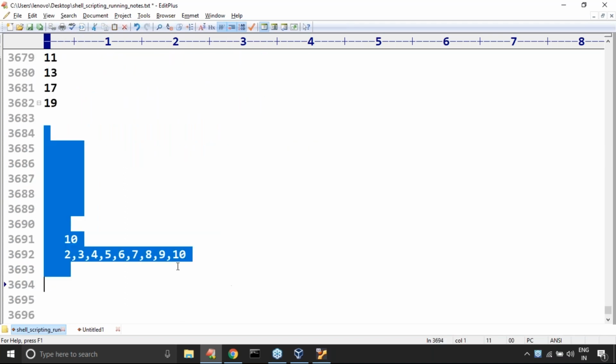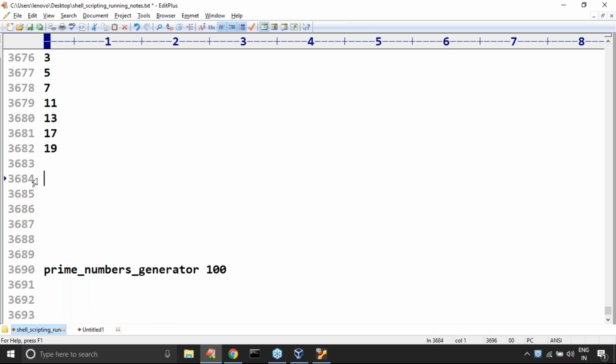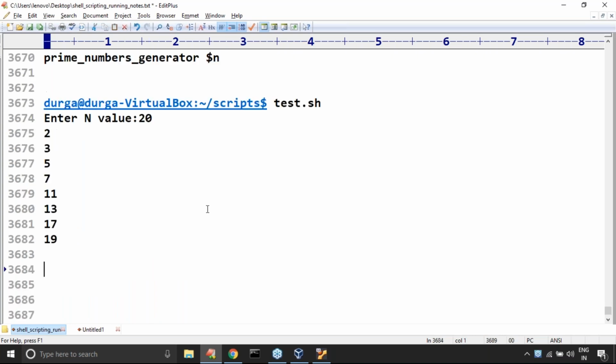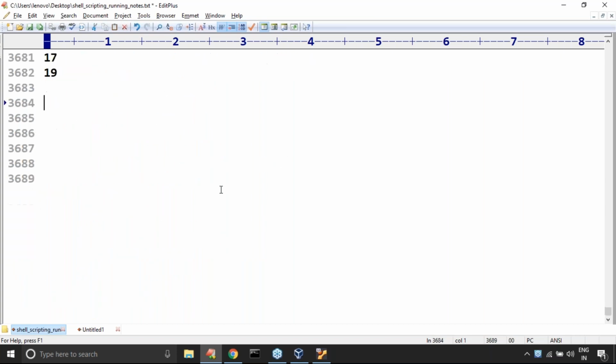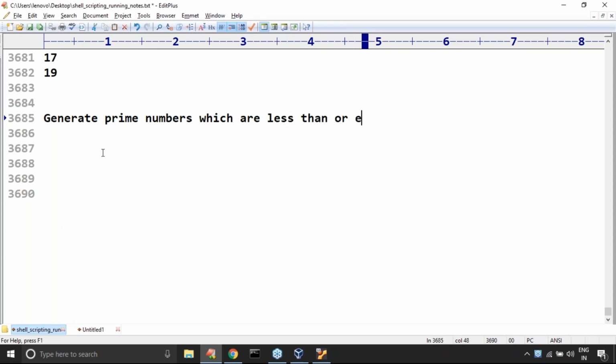Just observe carefully where you are facing the problem. The logic I followed is very simple. Generate prime numbers which are less than or equal to 10, I'm taking.